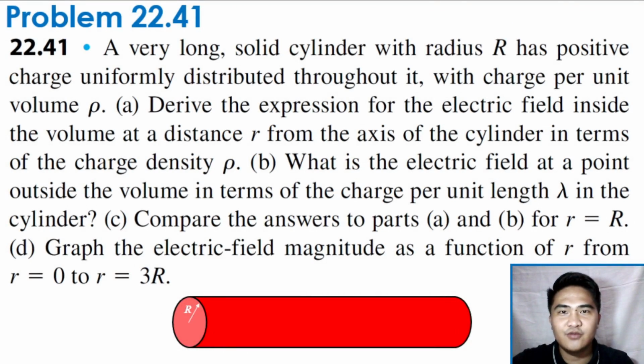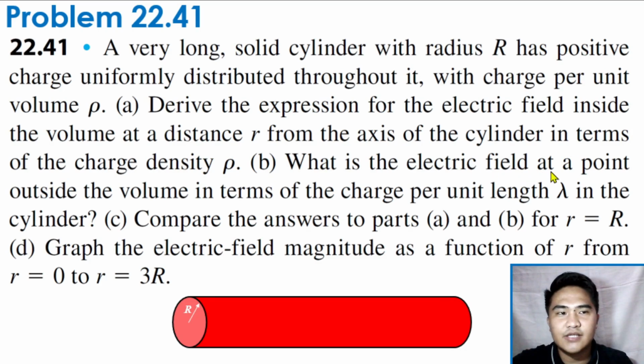Problem 22.41. A very long solid cylinder with radius big R has positive charge uniformly distributed throughout it, with charge per unit volume ρ. Derive the expression for the electric field inside the volume at a distance small r from the axis of the cylinder in terms of the charge density ρ.